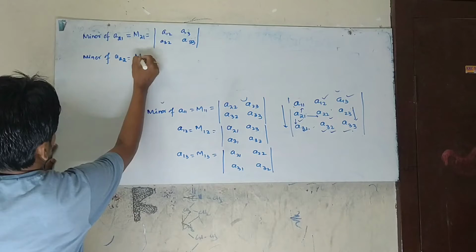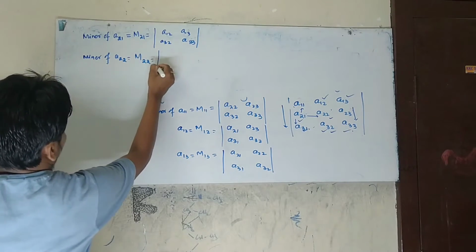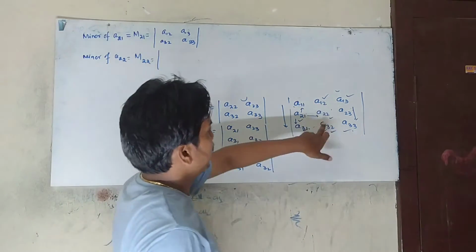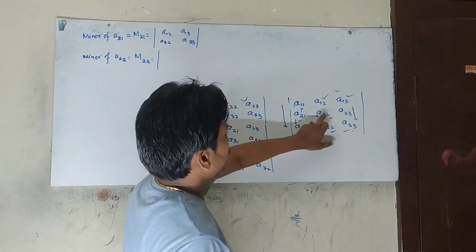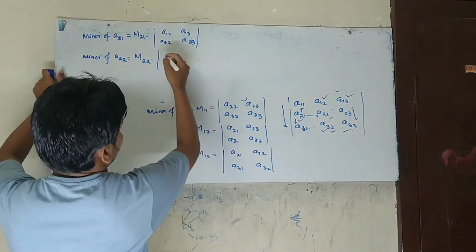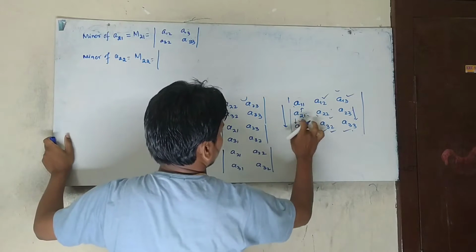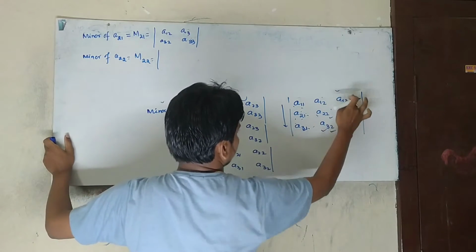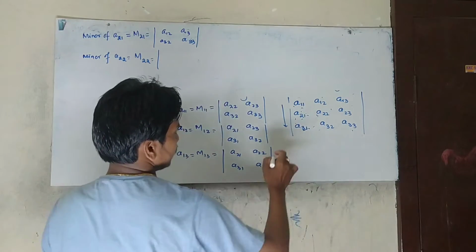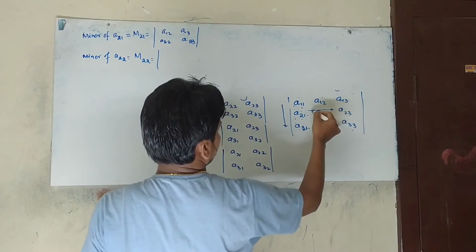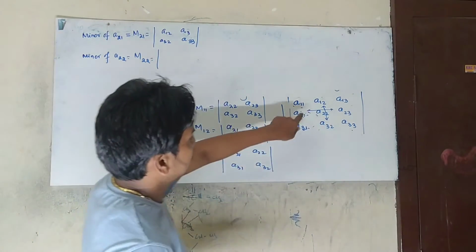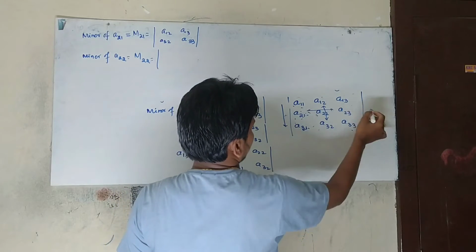Now the minor of A22, that is M22. You have to forget this row and this column.